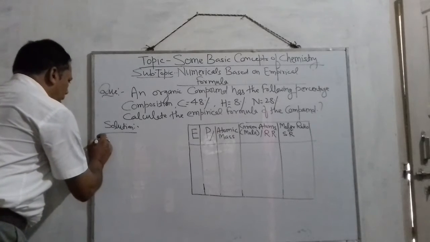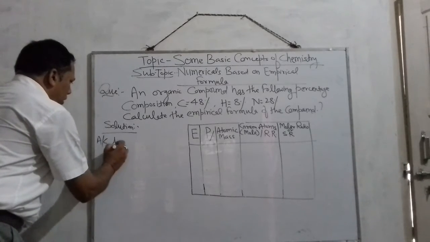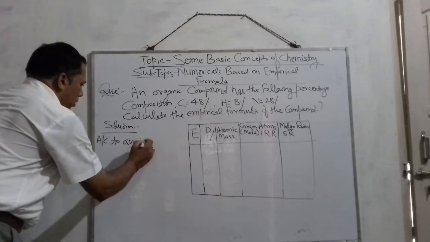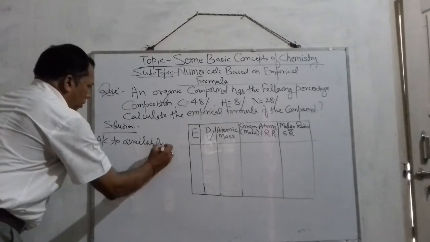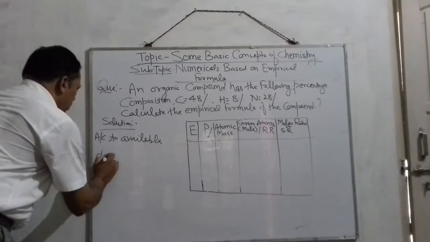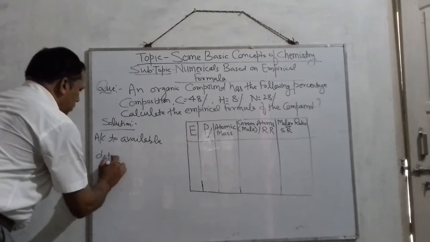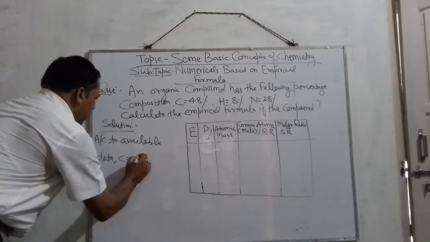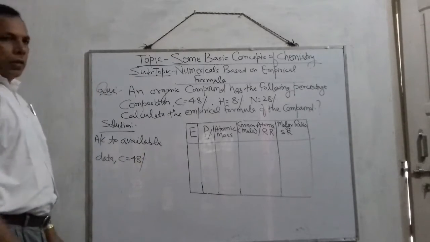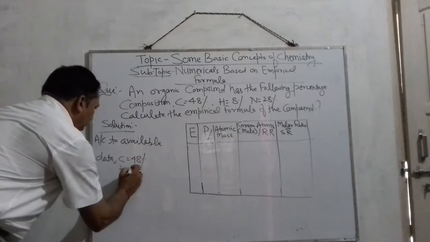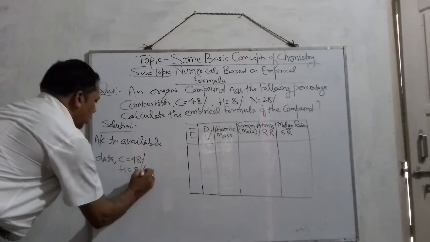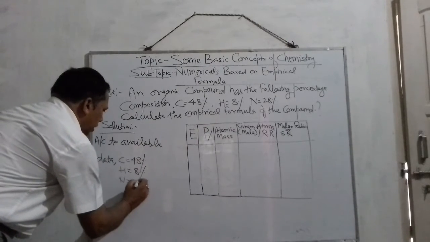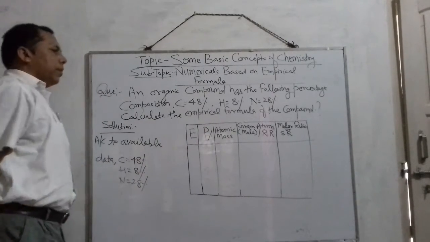According to the available data, carbon is 48%. The percentage of hydrogen is 8%. And the percentage of nitrogen is 28%.